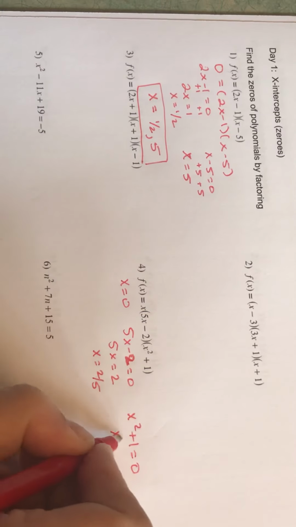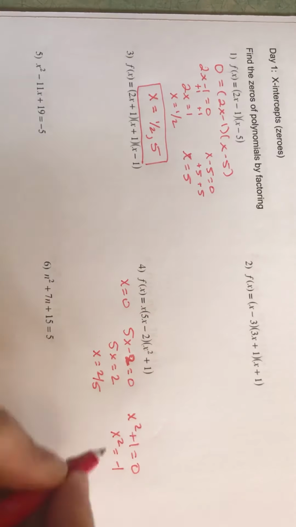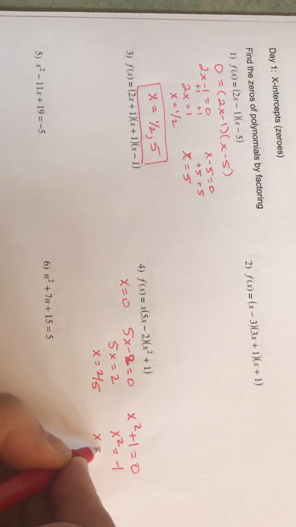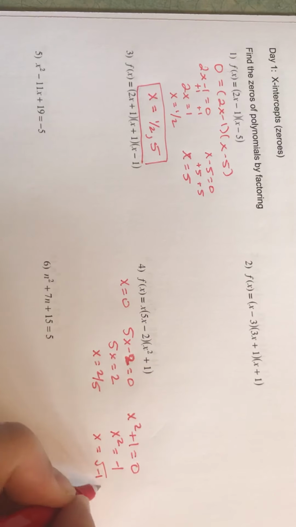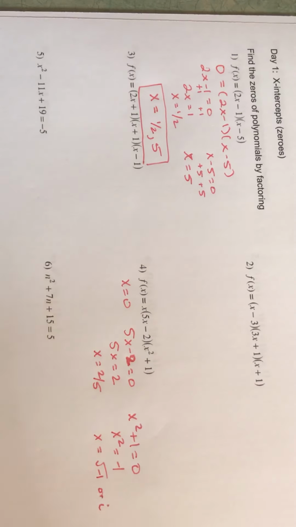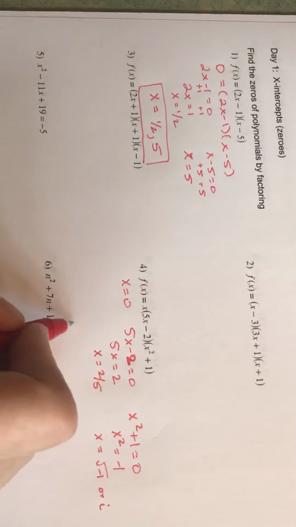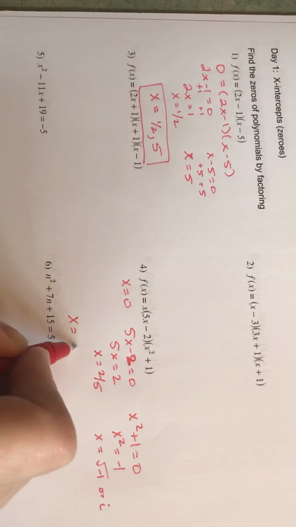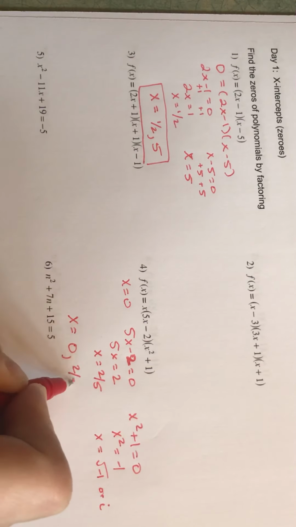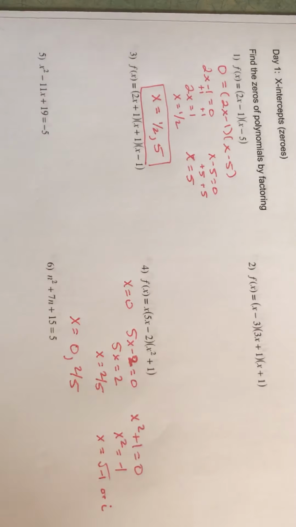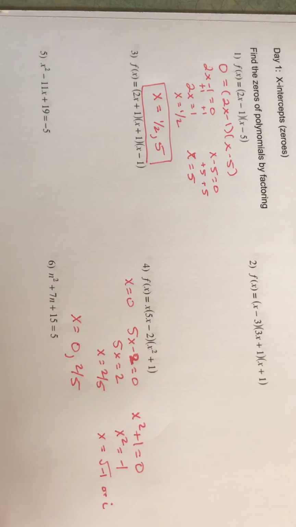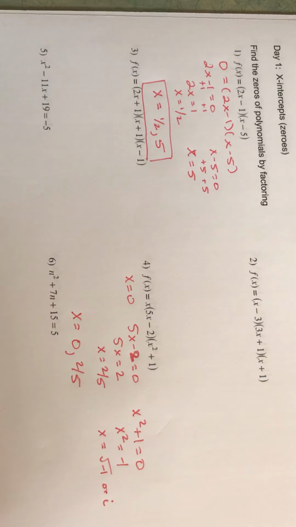And here x squared equals -1, so x equals the square root of -1, or i. So this isn't actually an x-intercept, so we're just going to focus on the other two, 0 and 2/5, because right now we're focusing on the real zeros.